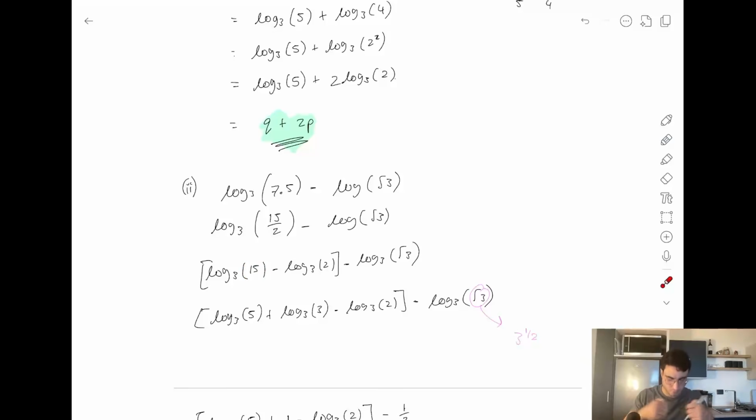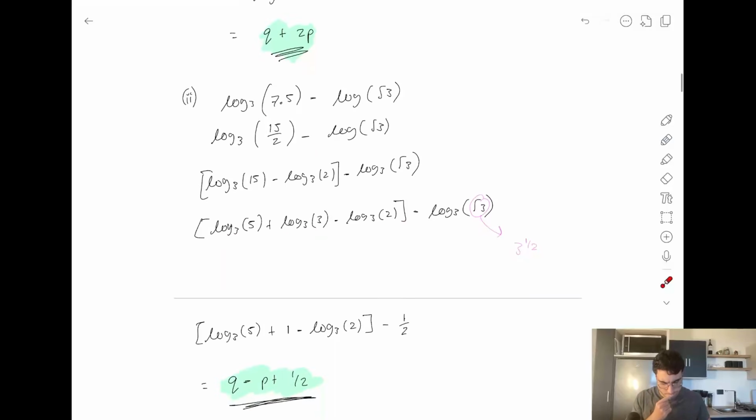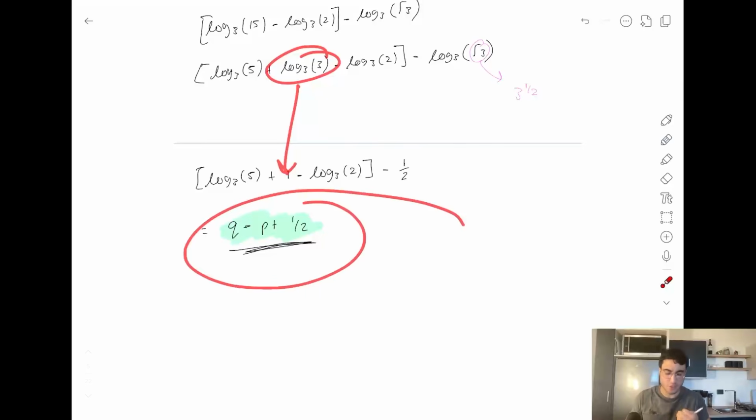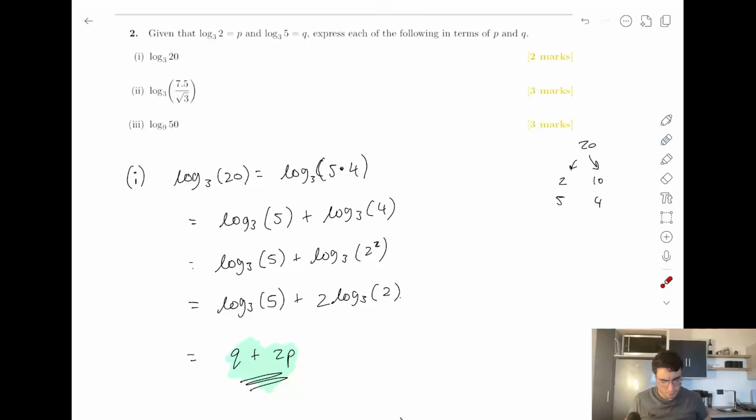Remember, it's our Russian dolls. So we got log base 3 of 5, log base 3 of 3, log base 3 of 2. And we know that log base 3 of root 3, well, we've got 3 to the half, bring the half down. What power must 3 be raised to get to 3? 1. So, final answer is Q minus P plus a half.